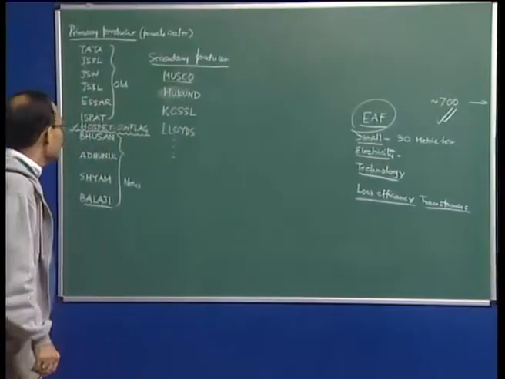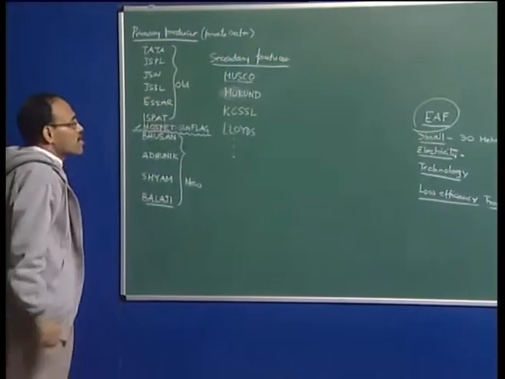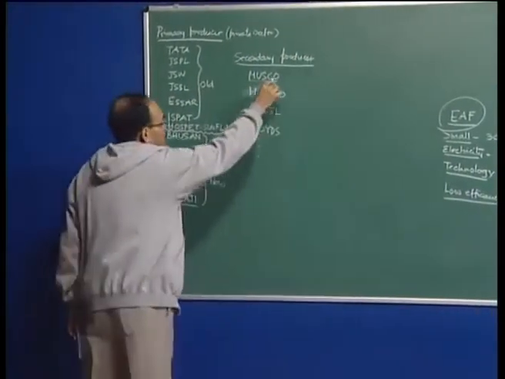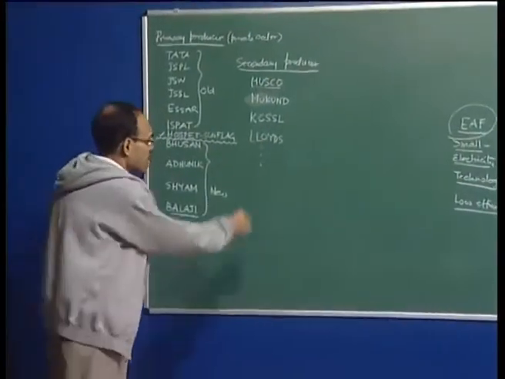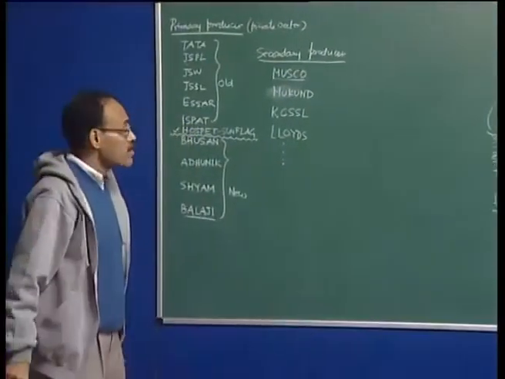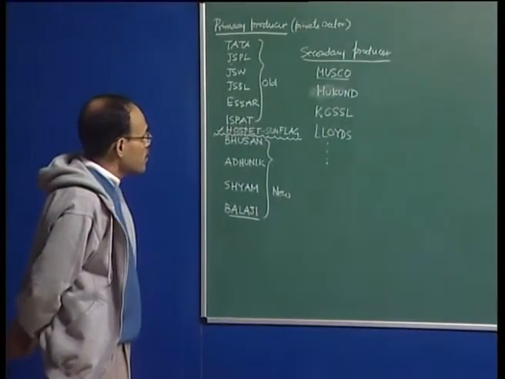So we have mini blast furnaces as well as large scale blast furnaces. We have induction furnace melting facilities. Of course, they all have electric arc furnace facilities. There are many small players who have induction furnace facilities.